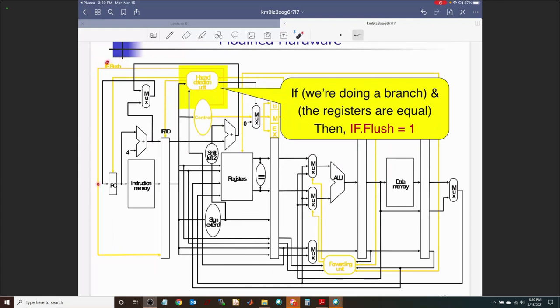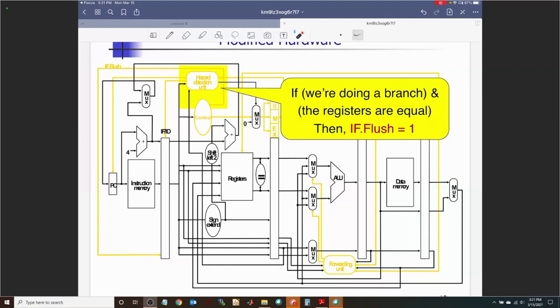If you set that IF flush to 1 here, it is essentially going to flush out the pipeline, which only affects one instruction before. Does that increase the amount of time that the decode stage takes? Only by a little bit, right? But we are assuming that that is not going to significantly change it, so we are still assuming that it is negligible when it comes to 2 nanoseconds.